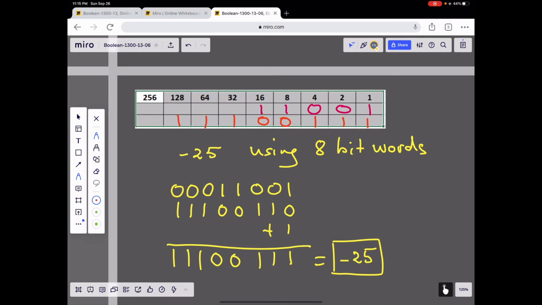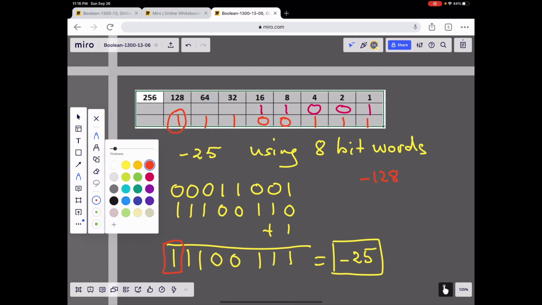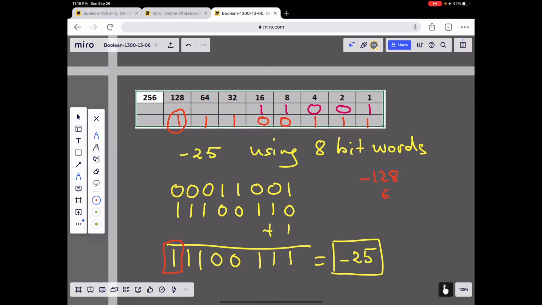Okay, because the first digit is 1, the sign is negative. So this one is negative 1 times 128, equal to negative 128. And the others are positive. So I'm going to add 64. Maybe I'll use a different color for the positive numbers. I'll do 64.